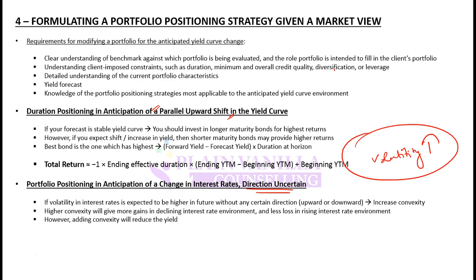It can go up or it can go down. And when volatility is higher, what do you do? You add convexity. But remember, convexity will reduce the yield. So you will need to see whether the benefit of adding convexity outweighs the reduction in yield or not. If it outweighs that, then add convexity. If it does not, then you do not add convexity.